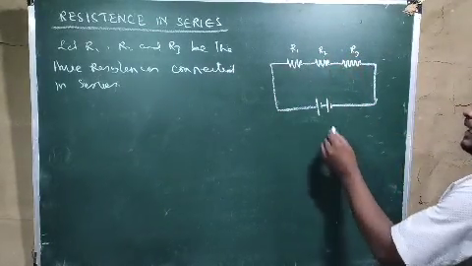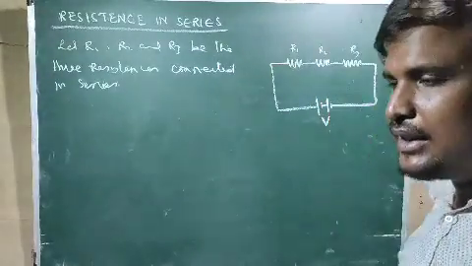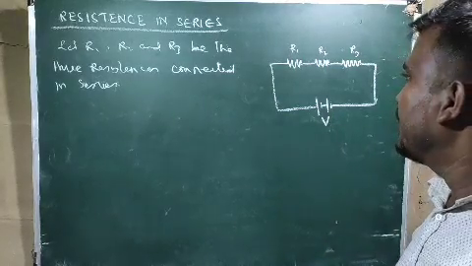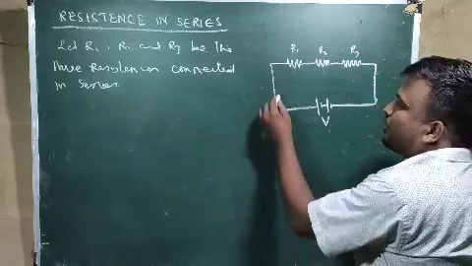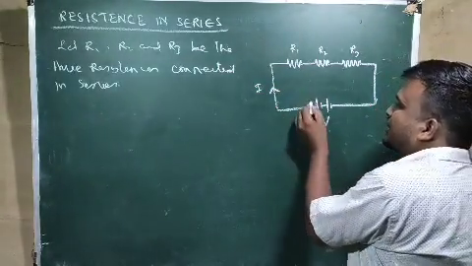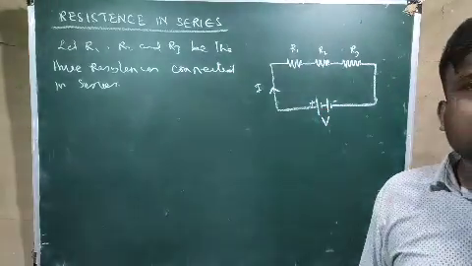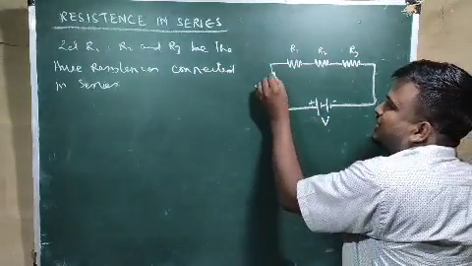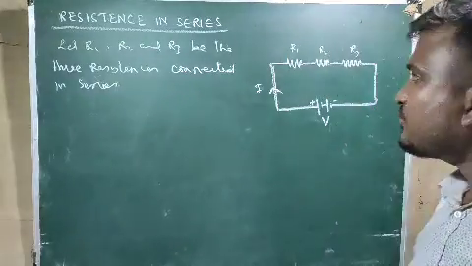These three resistances are connected through a battery that has a potential difference of V. Since there is a potential difference, current will flow, and suppose the current in the circuit is I. This is the positive terminal of the battery and this is the negative. We know that current starts from the positive terminal and goes to the negative, so from the positive terminal I amount of current will be flowing in this direction.